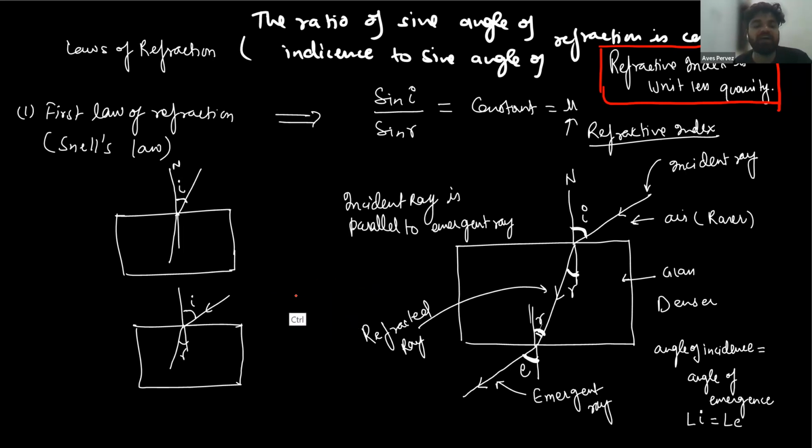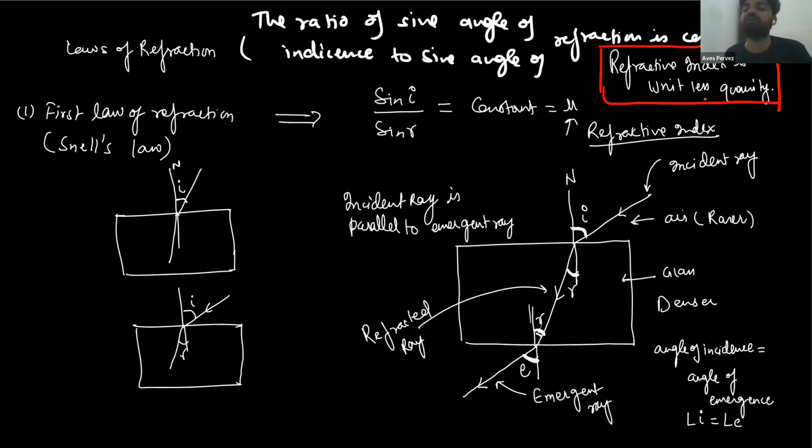So if any physical quantity has the same unit in the numerator and denominator, whether meters per second or meters, that quantity will be considered dimensionless or unitless. Got it? The refractive index is a unitless quantity.